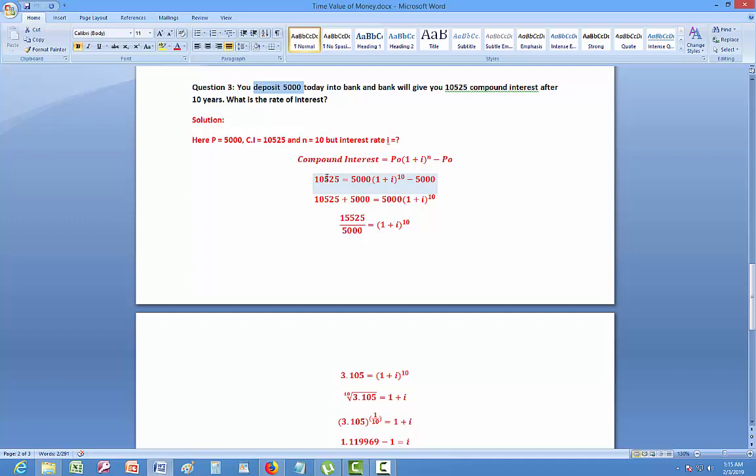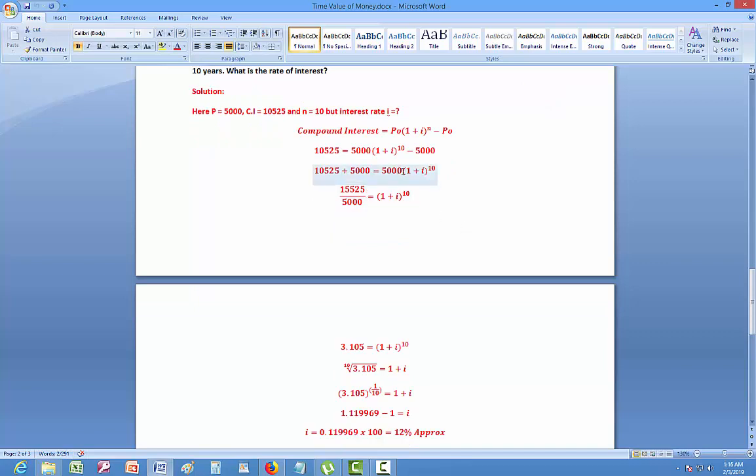So we first just put these values into the formula, and after that we will simplify. So minus 5000 will be converted into plus 5000, and finally this $5,000 will be divided on the other side of the equation.